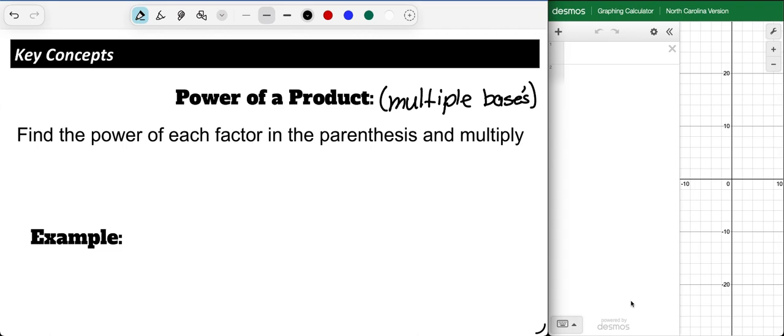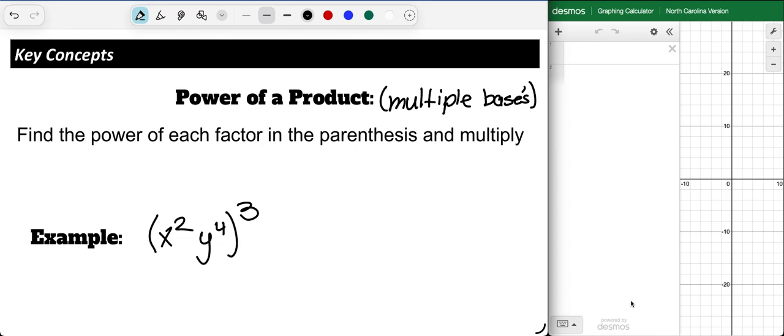But to give you an example of what power of a product is, we have, let's say, x squared y to the fourth, all that inside the parentheses raised to another exponent on the outside. That's where we get the power of a product. Power of a product means we're going to take the number on the outside and multiply it into every exponent that is in that parenthesis.